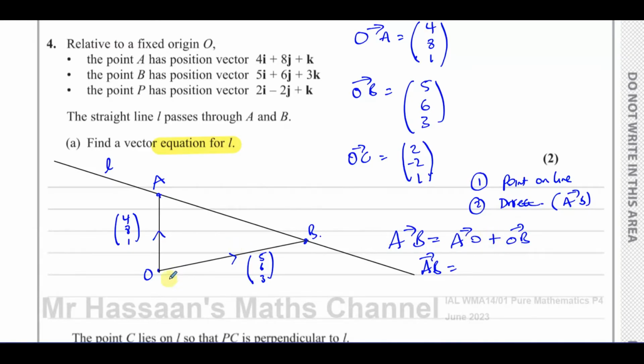If you go from A to O, it's like minus OA, plus OB. So you can think of it as O to B minus O to A. That'll give you the vector from A to B.